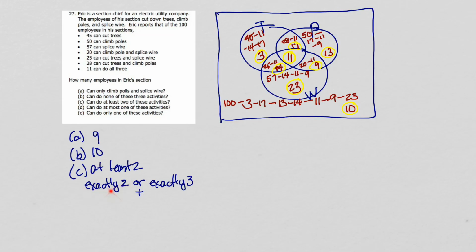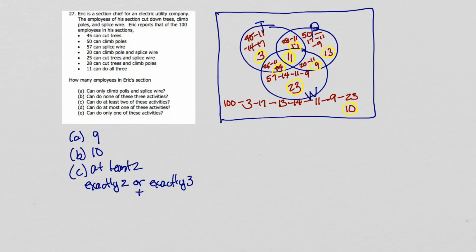So here's the ways you can get exactly 2. So follow it up here. Here's exactly 2, in this group right here, there's exactly 2, these 2, cutting trees and splicing wire. Over here, climbing poles and splicing wire. And here, cutting trees and climbing poles. So this group, and this group.